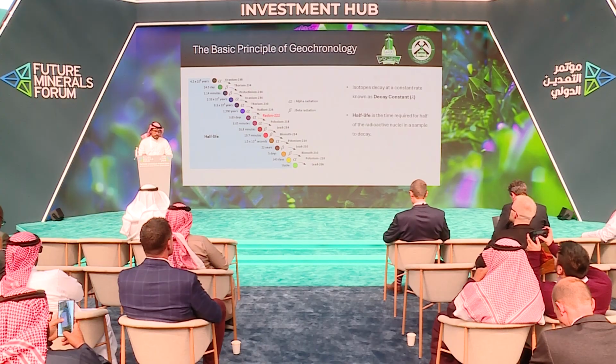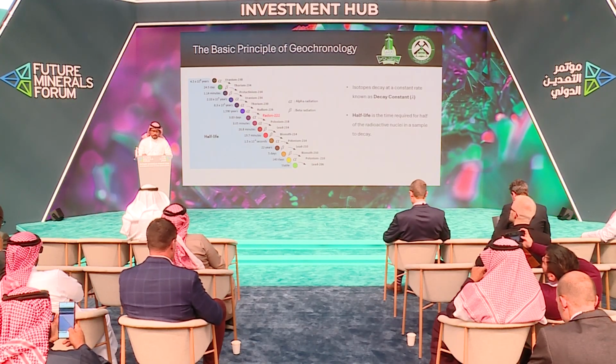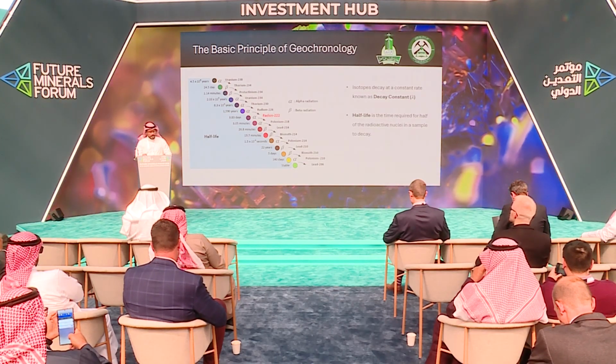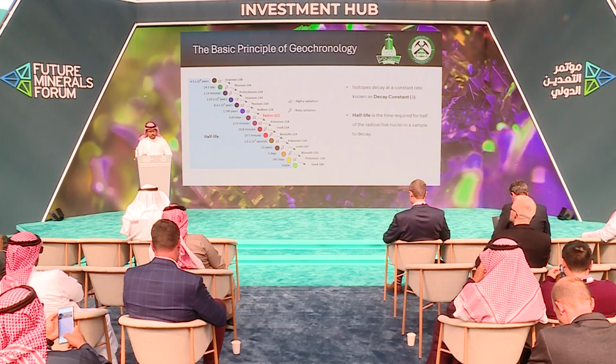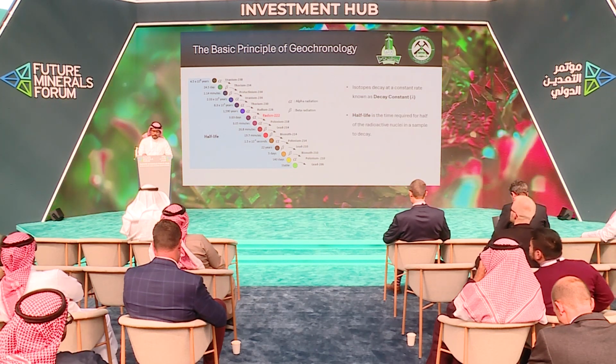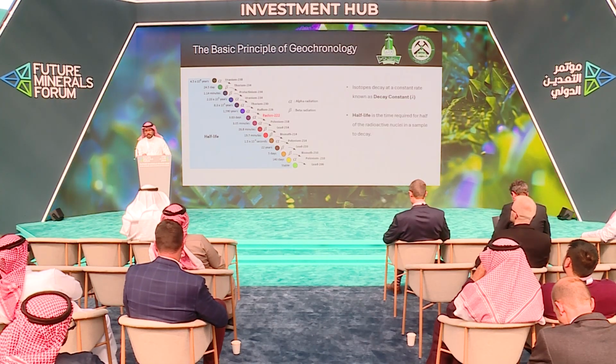Others, like carbon-14, have a much shorter half-life, just 6,000 years, and are used to date more recent materials such as bones. It's like having different tools in a toolbox. Each isotope system can be used for a specific purpose, depending on the time scale we are investigating and the closure temperature of each system.